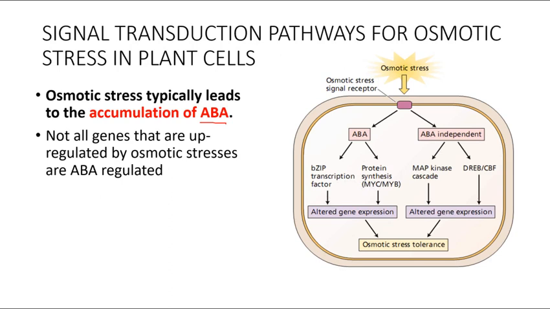Clear? So this protein synthesis involves MYC and MYB protein synthesis, which alters the gene expression and causes osmotic stress tolerance. Now another pathway known as the BZIP pathway is also activated in response to ABA.